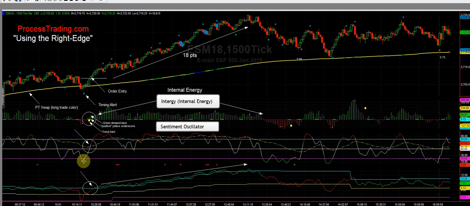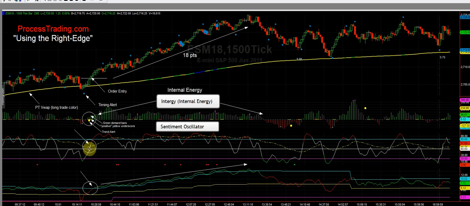When the momentum line, that's this tricolored line here, crosses up through the sentiment line, or the dashed yellow line here, price is going to go up. When it crosses down through it, then the more demand is coming in. So you're looking especially at the relationship of the momentum line and the sentiment line.